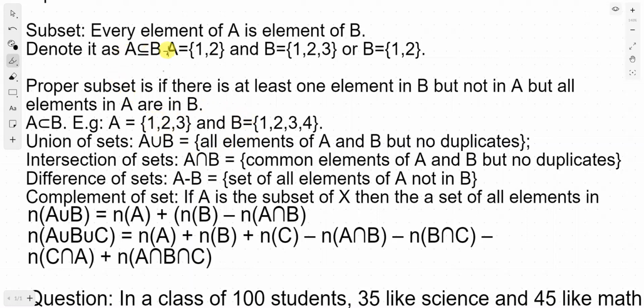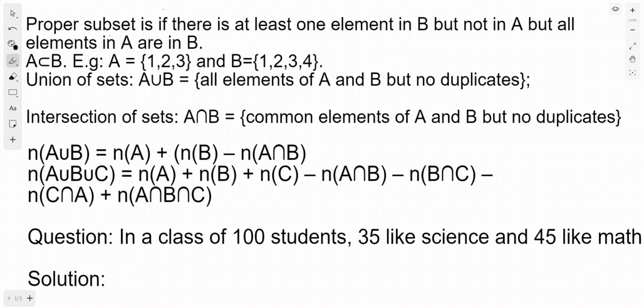Like we said in subset, A and B can be either {1, 2, 3} or {1, 2}, because it is not a rule there that A cannot be equal to B. But in proper subset it is already defined in the definition that A has to be a subset of B but not equal.